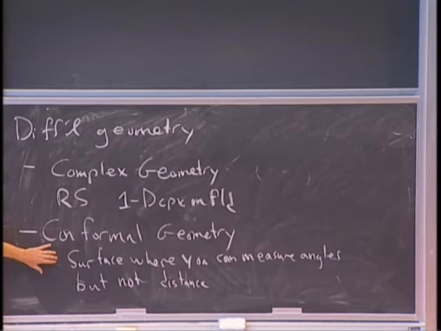modulo a slight technical issue I'll come to, the conformal structures on a surface are equivalent to the Riemann surface structure. So in this low dimension, you can think of complex geometry and conformal geometry as the same. And this allows a lot of remarkable things to be done in 2 dimensions that are not true in higher dimensions, because this equivalence gets broken in higher dimensions.